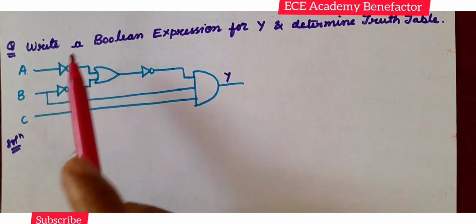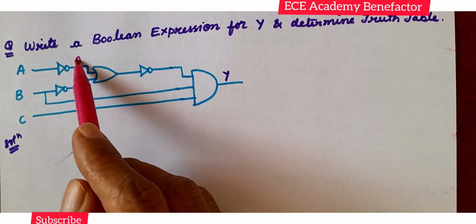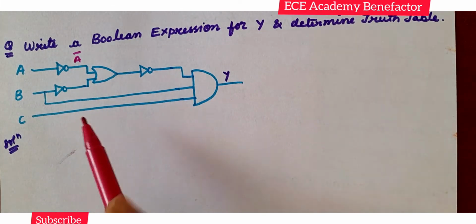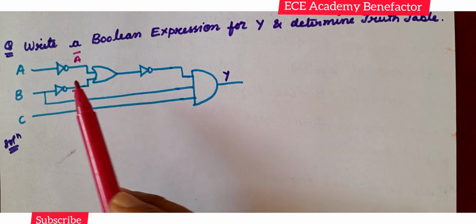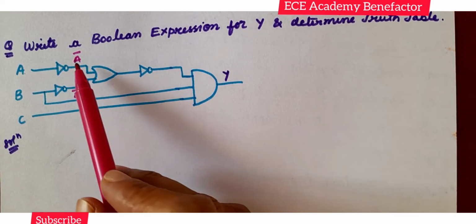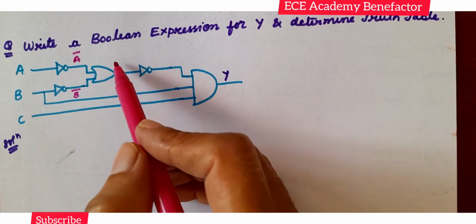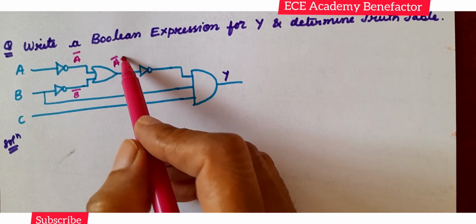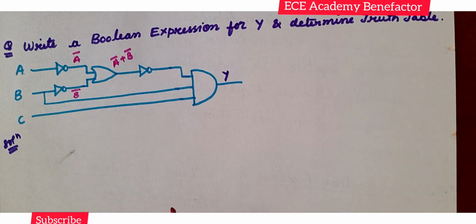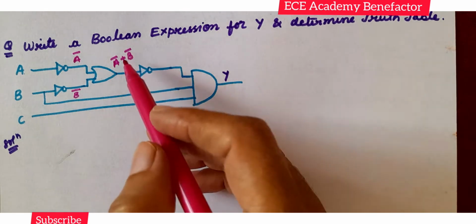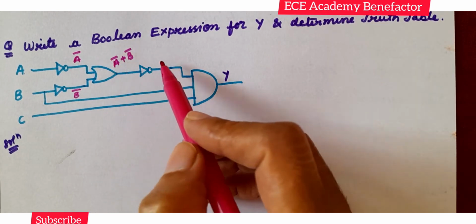When A is passed through the NOT gate, we will get A bar. B is passed through this NOT gate and we get B bar. When passed through the OR gate, we will get A bar plus B bar. Both the inputs are ORed, and this output is passed through the NOR gate.